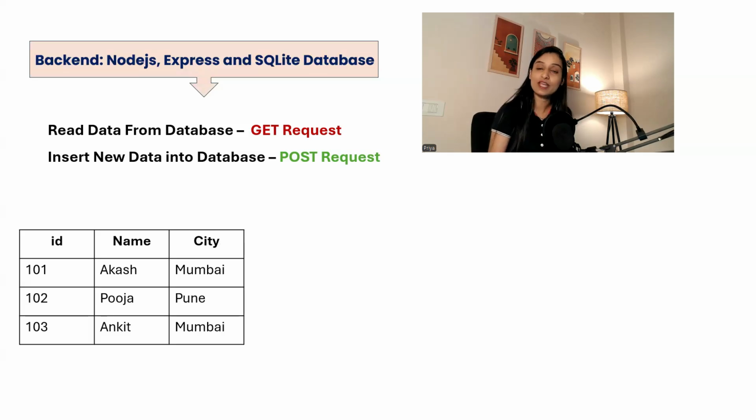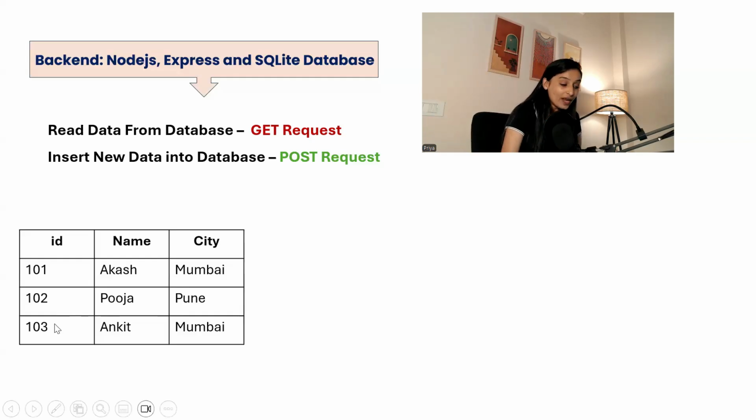Whenever we are submitting forms, for example, let's say I don't have my account on Facebook. Let's consider I have my account, that's a different story, but consider I don't. Now I want to create my account. Then what should I do? I will open the sign up form of Facebook, correct? I will enter my data and I will click on sign up. If my data is valid, then all my data will go and sit in Facebook's database, right?